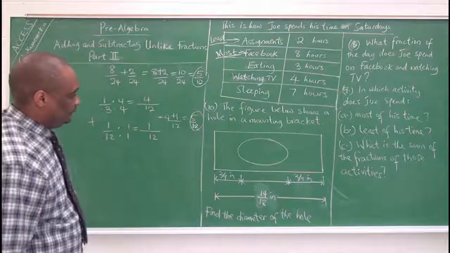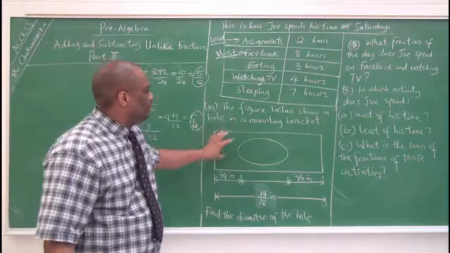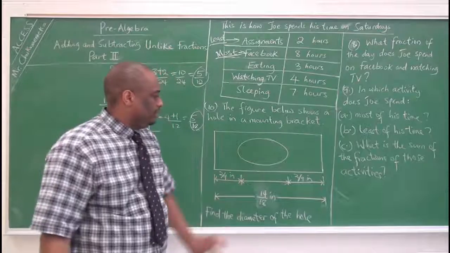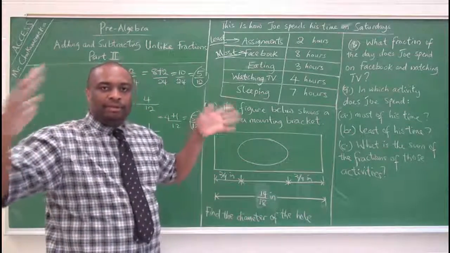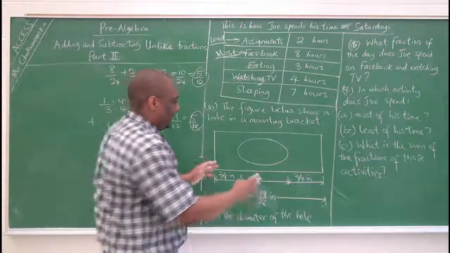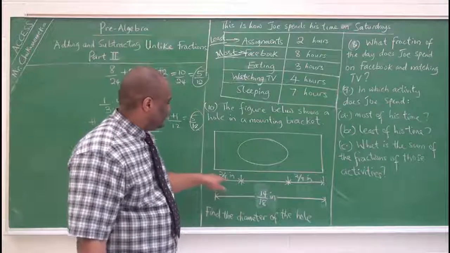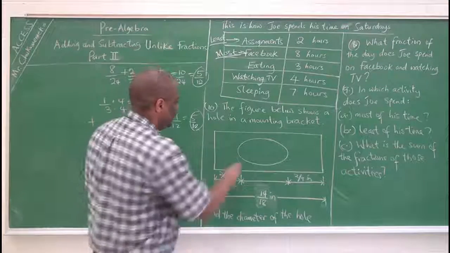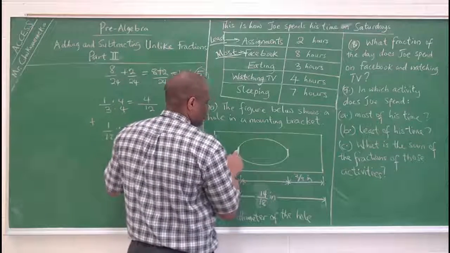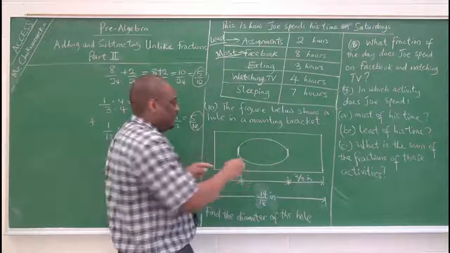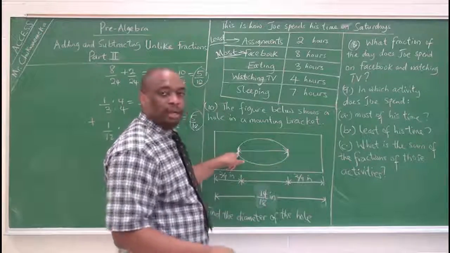Now, the last question. Find the diameter of the hole. The figure below shows a hole in a mounting bracket. This looks like an engineering or technical question. You have a mounting bracket and a hole in the center.